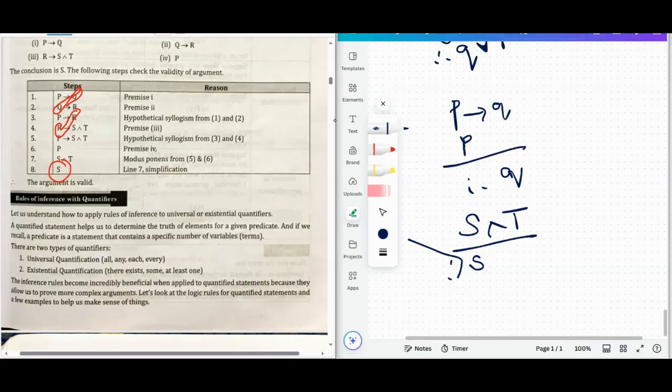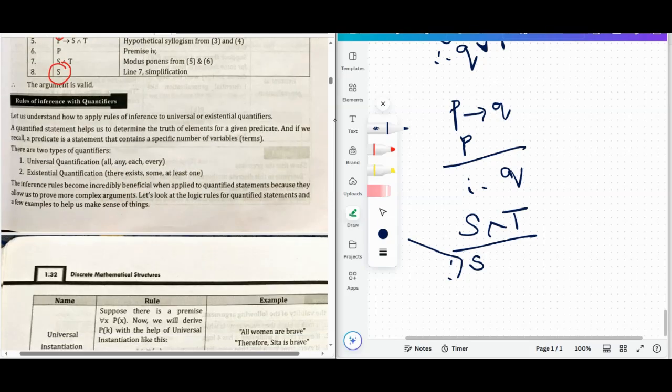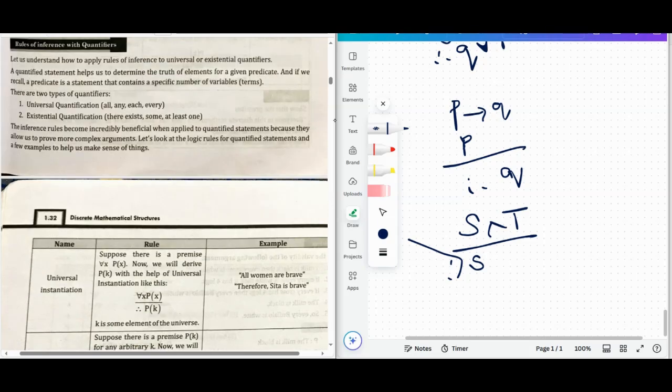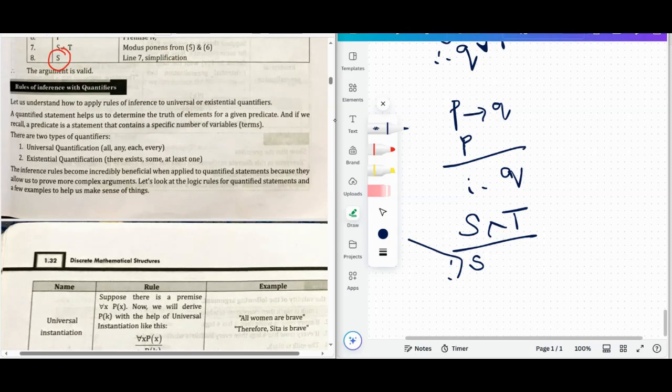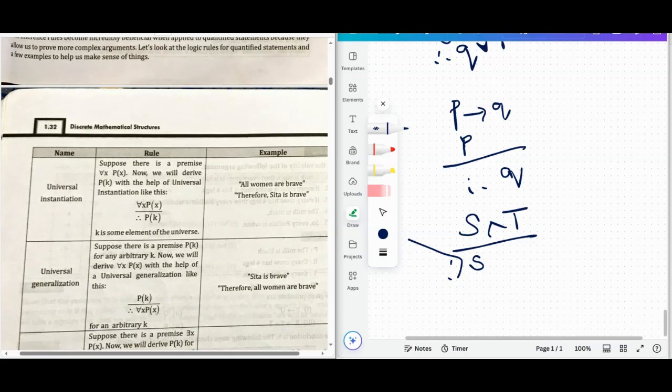Okay. Now these are the inference laws and problems on that. Then you have rules of inference with quantification. The first one is called universal instantiation, that is for all x P(x) will give you P(k).